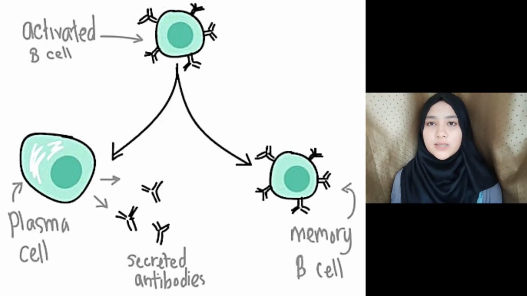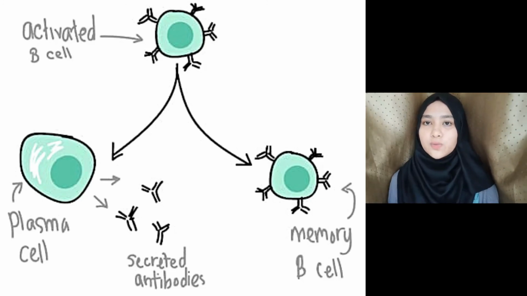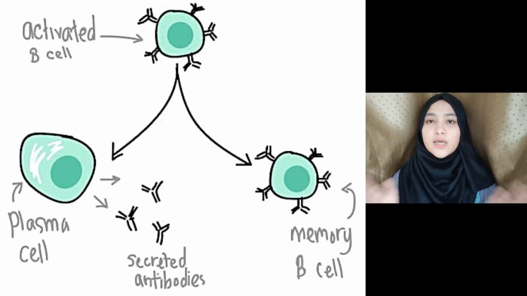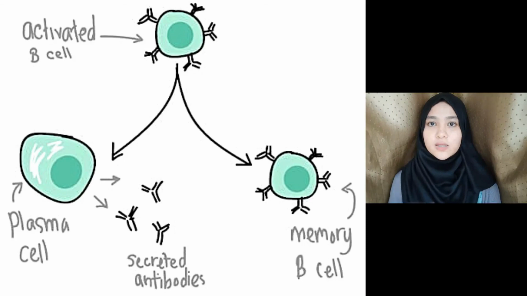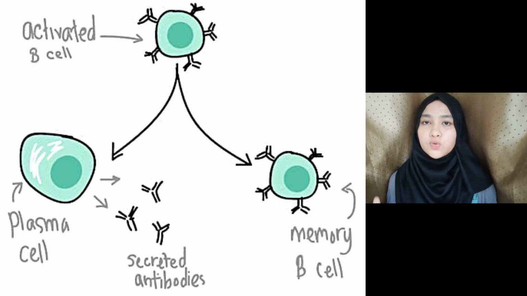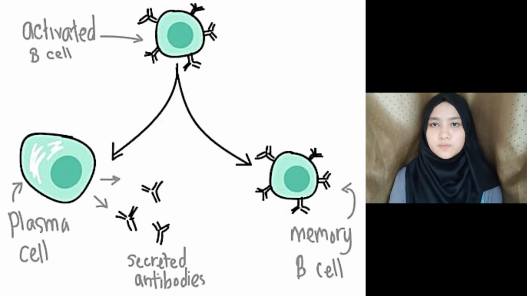The activation of B cells begins when the B cell receptor binds to either soluble antigen or membrane-bound antigen. The activated B cells will then undergo clonal selection, which forms clones of B cells that possess the same antigen-specific receptors. Then, the cloned B cells will differentiate into plasma cells or memory B cells.